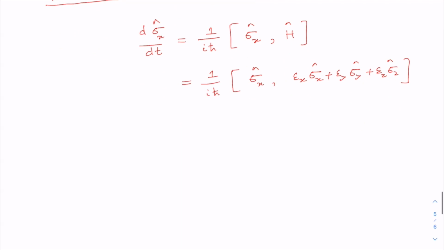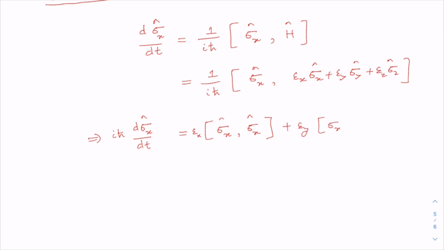Okay, let us work it out. So we'll have 1 by i h cross, or let me take it this side, i h cross to the other side, then I have this one, and I will have relations sigma x epsilon x, epsilon y sigma x sigma y plus epsilon z sigma x sigma z.